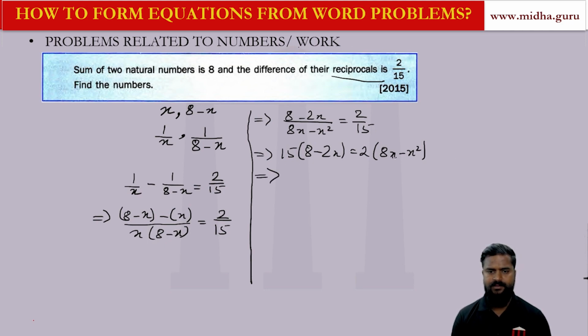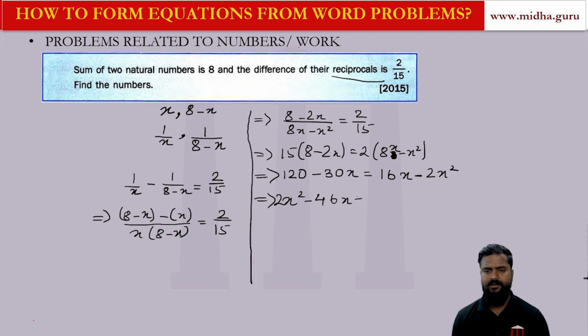So now we have 120 minus 30x, and this is 16x minus 2x squared. So now what we do is we bring all the terms to one side. We get 2x squared minus 46x plus 120 is equal to 0. If we divide the entire equation by 2, we get x squared minus 23x plus 60 is equal to 0.